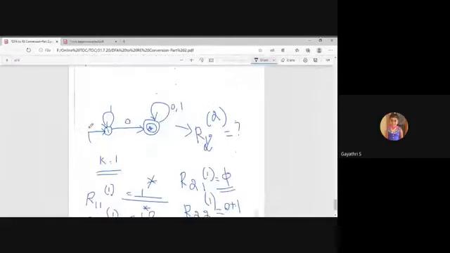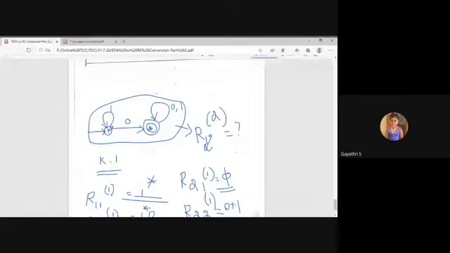See the automata. Since this is the Rij problem, your numbering should be in sorted order, starting with 1. So your starting state is equal to 1. Here only 2 states are possible, so 1 and 2. 1 means the starting state, 2 means the final state. So the number of states means k equal to 2.